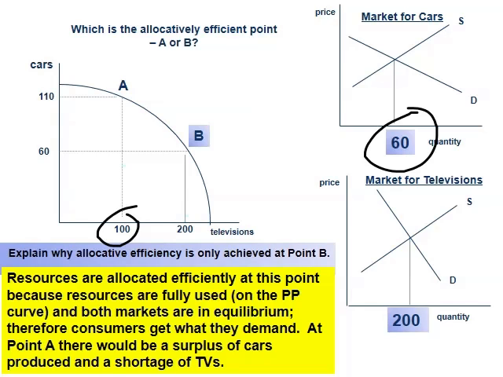So we simply look for what consumers are demanding in each market, and then we find the corresponding numbers in our production possibility curve. So as we can see, point B is not only productively efficient, but also allocatively efficient.